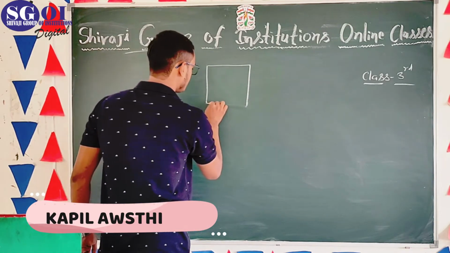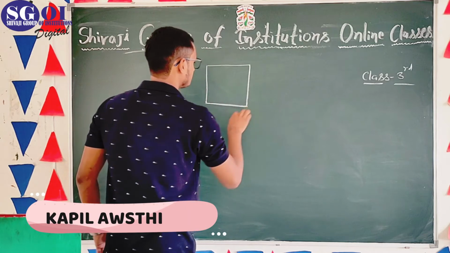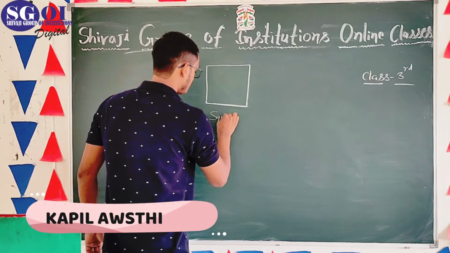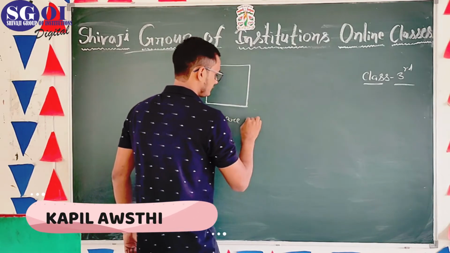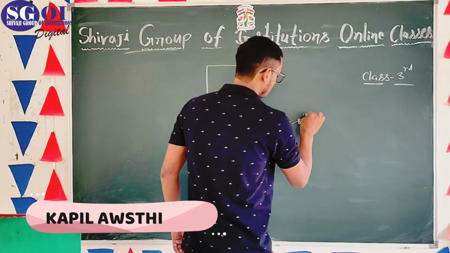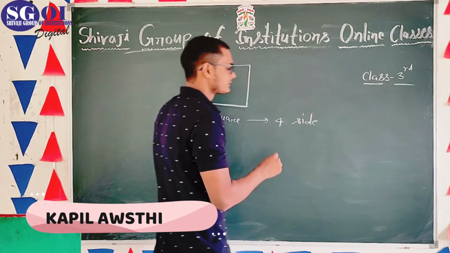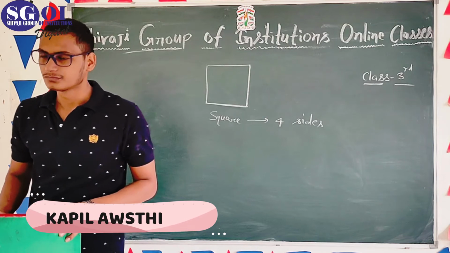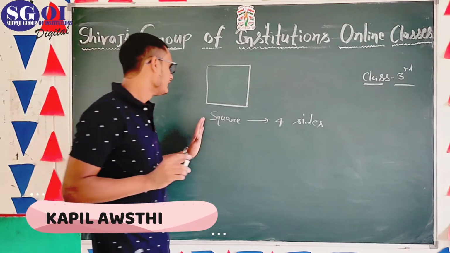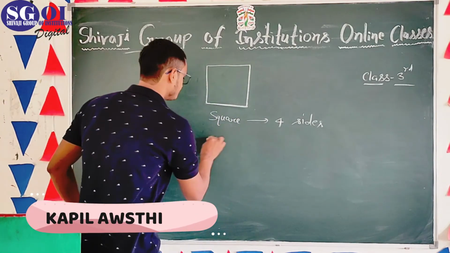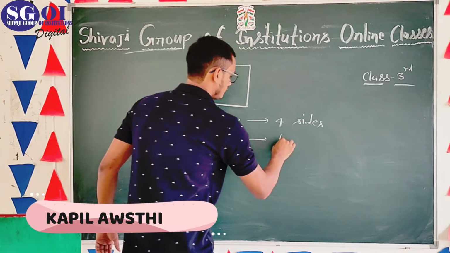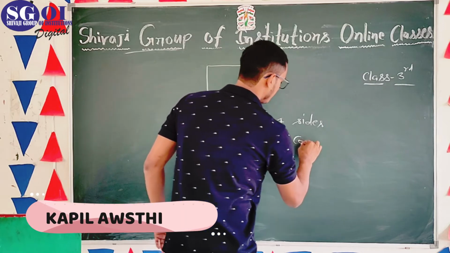This is a square. Square has four sides. It has four corners.